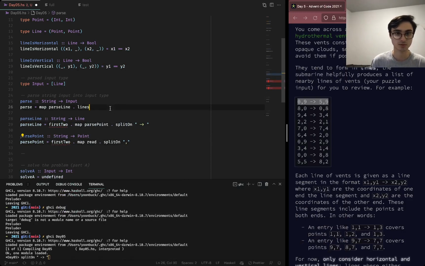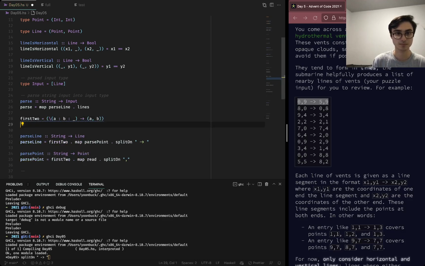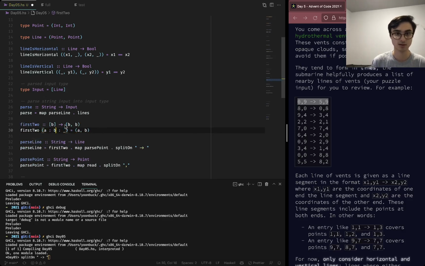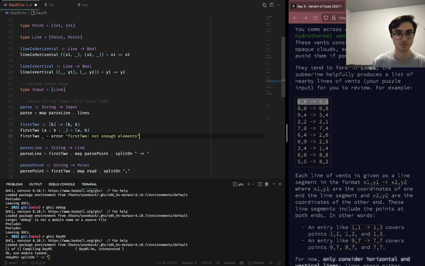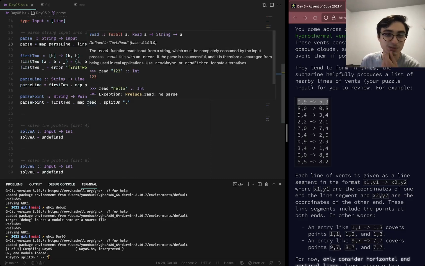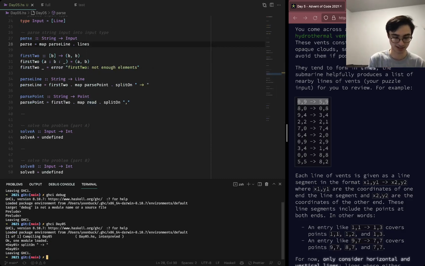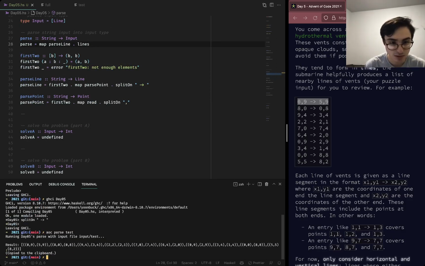First two. Right, I don't need a lambda. Yes. Okay, that's fine. So let's see if we're parsing. So it looks like, I think that's fine. We got like 0959, 8008. Yeah, I think that's okay.